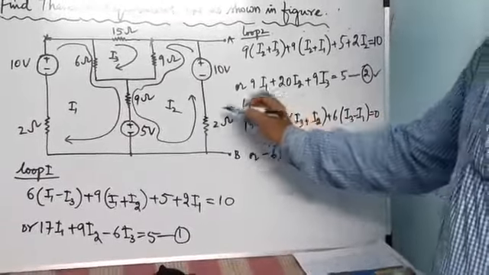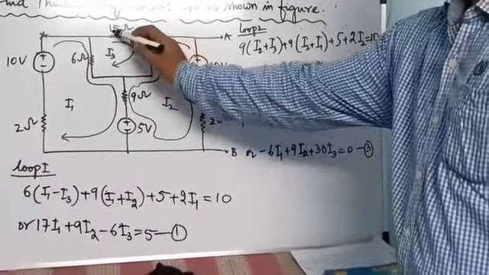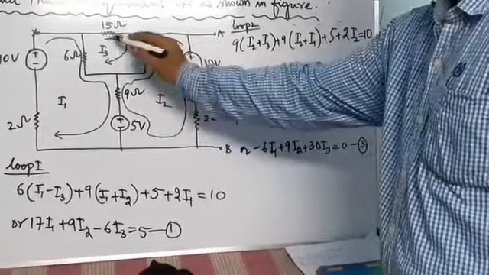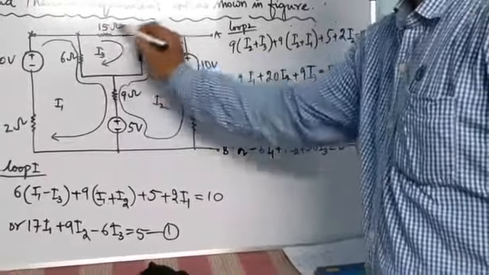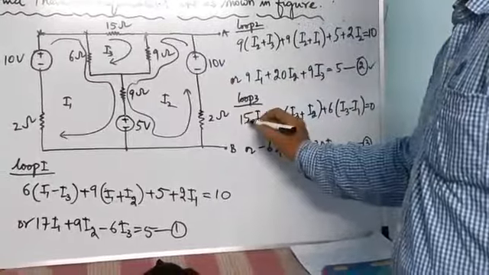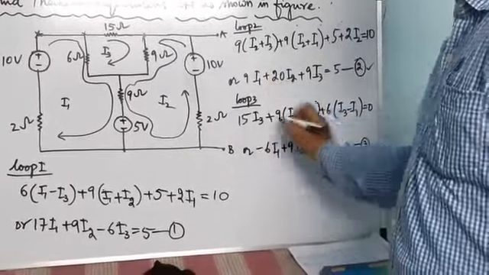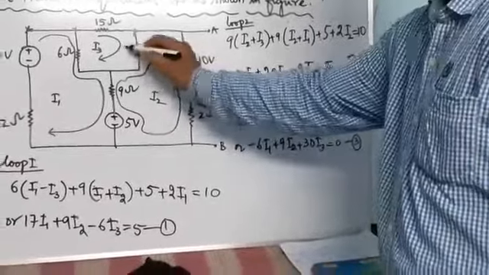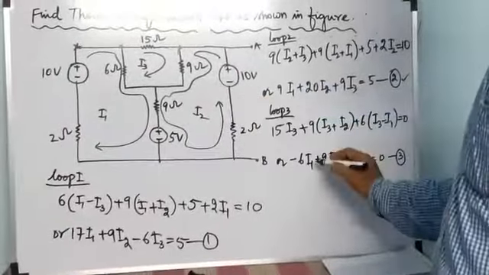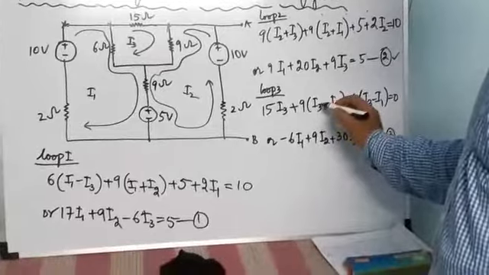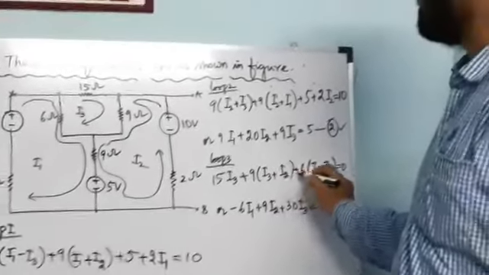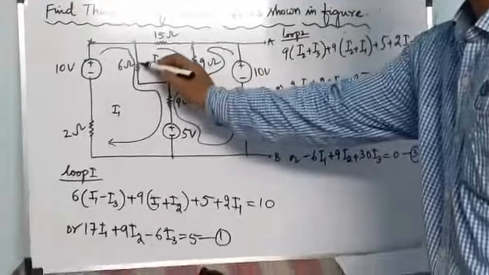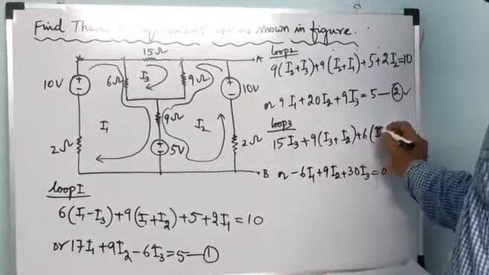Now loop 3. This is loop 3. So 15 I3. I will start here and end like this. So 15 I3 plus 9 into first I3, and I2 also downward, so plus 9 into I3 plus I2, then again plus 6.